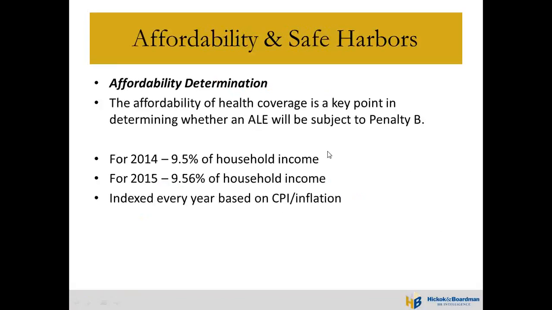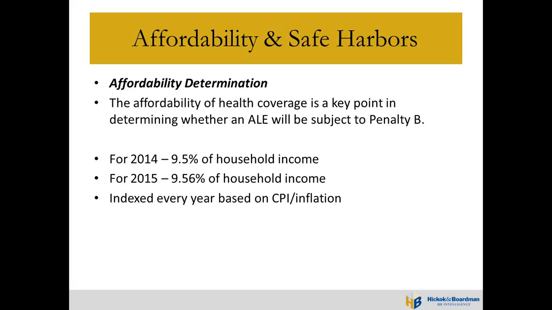So let's talk about affordability for a moment. In order for your plan to be considered affordable, it cannot cost your employee any more than 9.5% of household income. So that's what it was for 2014, and that amount is actually going to be indexed every year based on CPI, which is the Consumer Price Index.